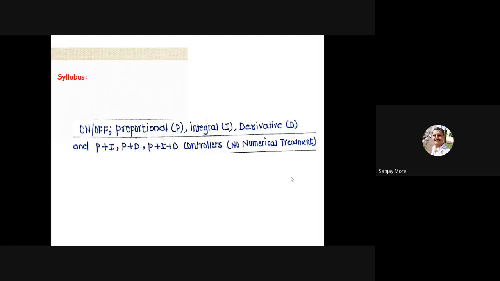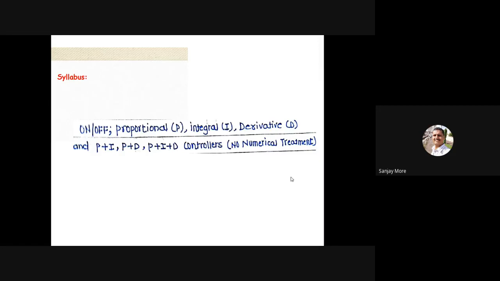Here is the syllabus. First one is the on off controller, then proportional P, then integral I, then derivative D. These are the proportional controller, integral controller, and derivative controller. Then P plus I, proportional plus integral controller.